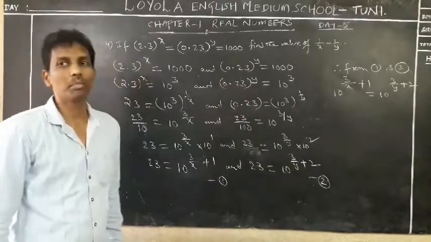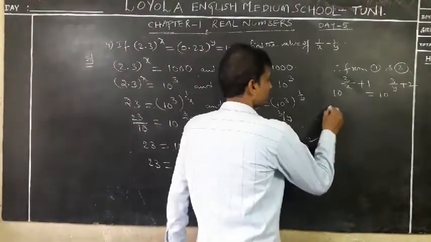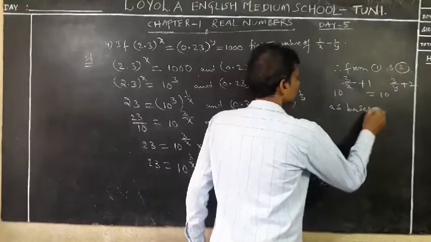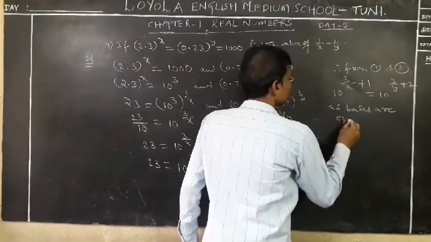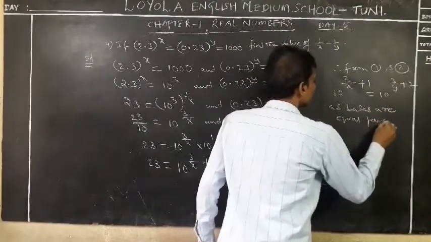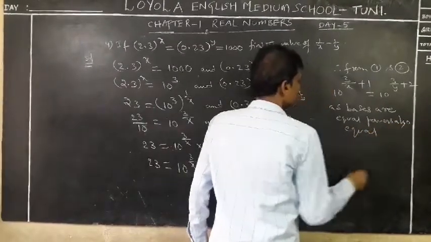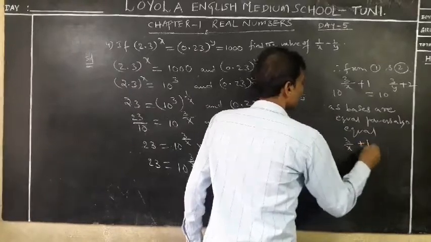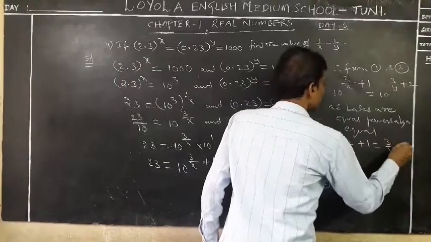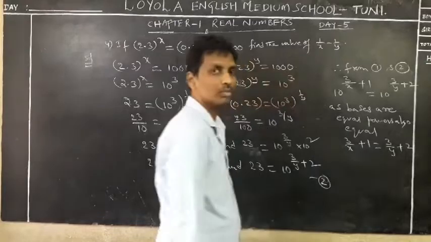Here you observe bases are equal. As bases are equal, powers are also equal. So 3 by x plus 1 equals 3 by y plus 2.